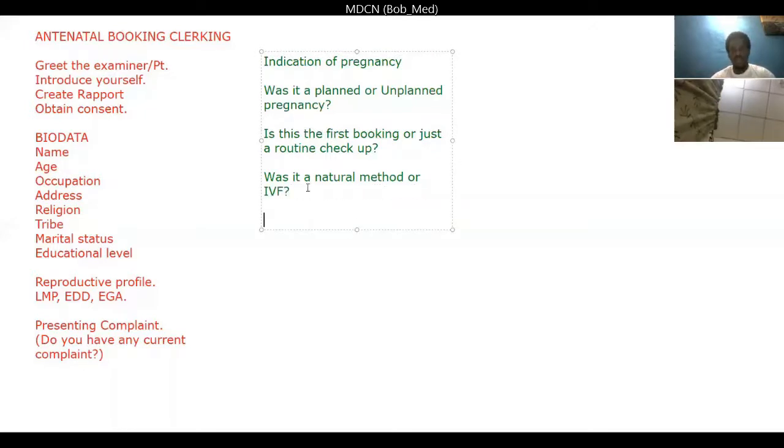So very important, after asking these first three sets of questions, you also need to ask: how, when, and where was the pregnancy confirmed? This is very important, okay? So you want to ask the patient, how was the pregnancy confirmed first?